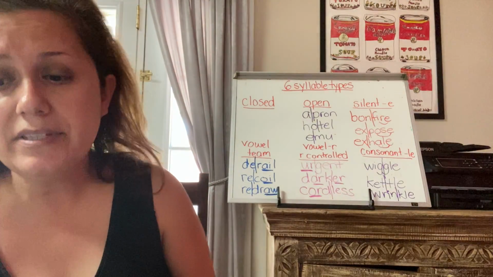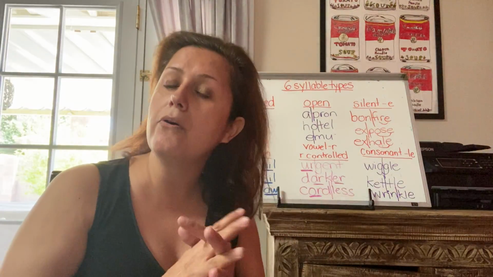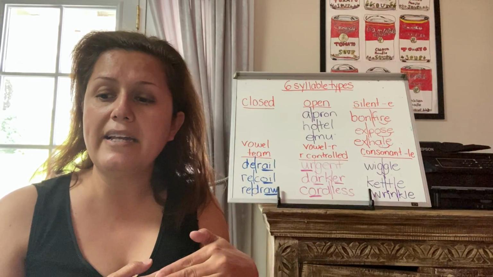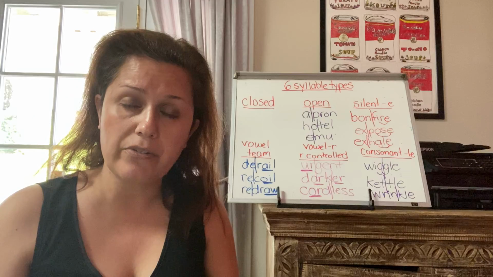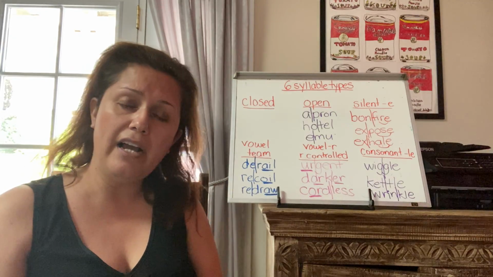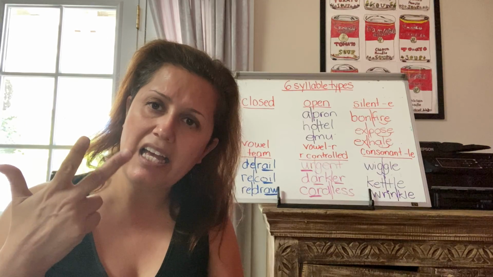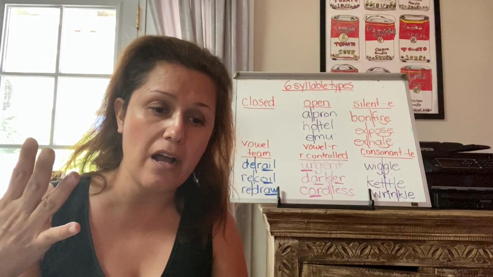So in the closed syllable, the syllable is going to end in a consonant, and the vowel before that is going to have a short vowel sound. So instead of the long A, E, I, O, U, it's going to say a short sound.